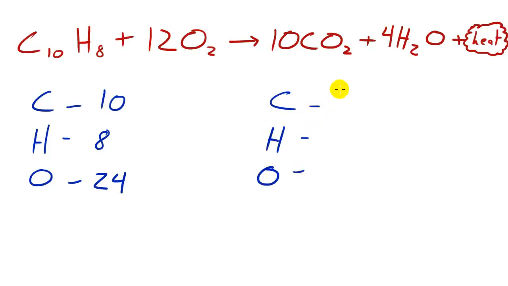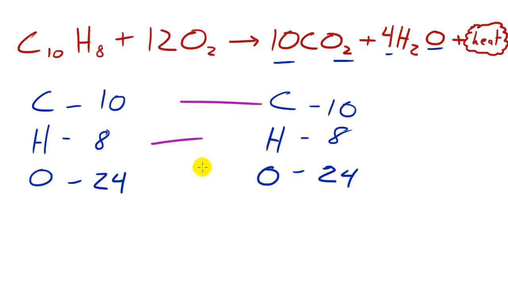Carbon, let's see, we got 10. Hydrogen, let me count these up, 8. Now oxygen, we got 20 from here. We got 2 molecules times 10, that would be 20. And over here, we got 4, so 24 total. So if we balance this baby, okay, 10, 8, and 24, we are good to go.